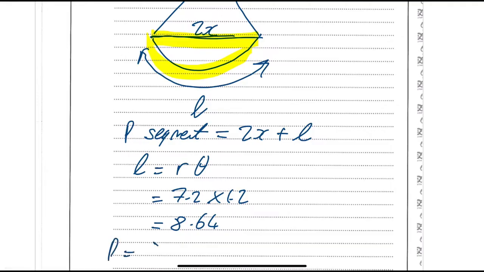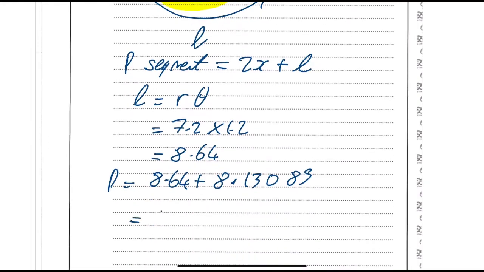Your perimeter then is 8.64 plus your 2x. 2x we worked out as 8.1305, and that works out as 16.77085. Then your perimeter to 3 sig figs is 16.8 centimeters.